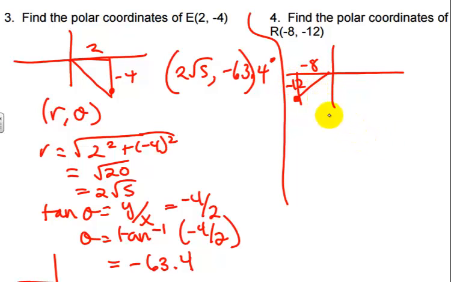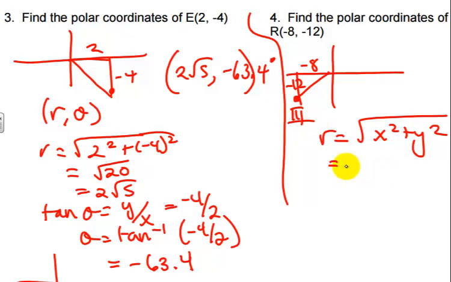-8, -12. To find r, that's the square root of x squared plus y squared. Notice that we are in quadrant 3.